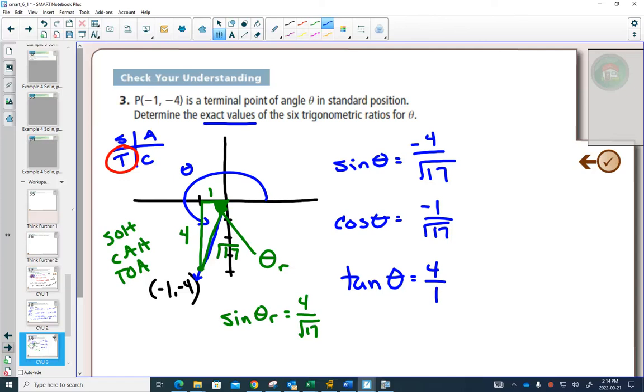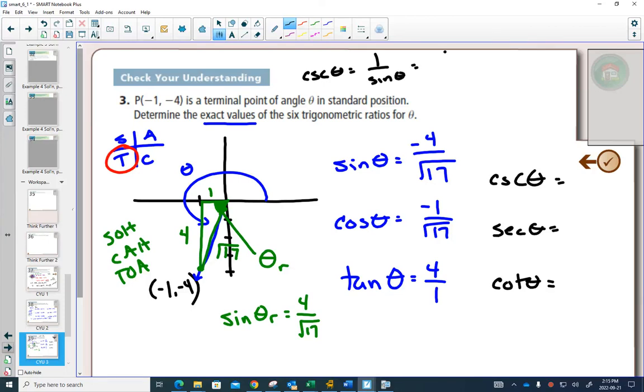Now, when we want to figure out our reciprocal functions, reciprocal is the flip. So the long way to do it would be this: cosecant theta is 1 over sine theta.